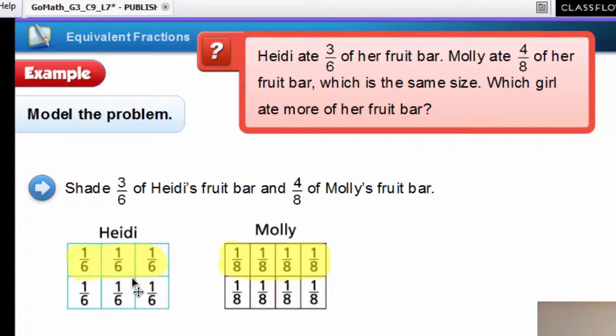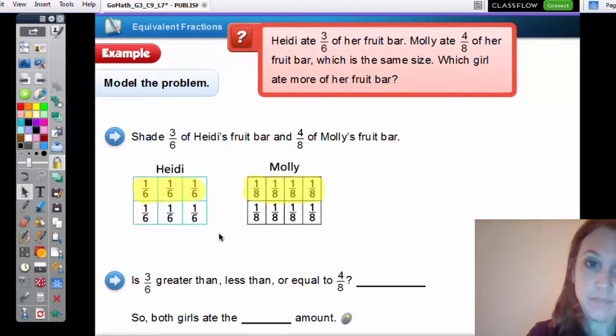Is 3/6 greater than, less than, or equal to 4/8? What do you think? I hear you say equal to. So both girls ate the same amounts.